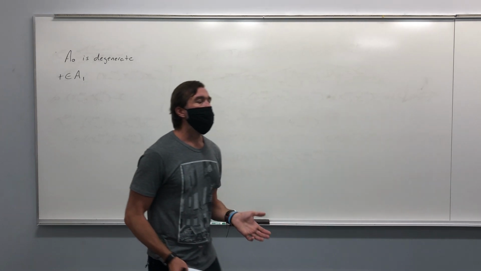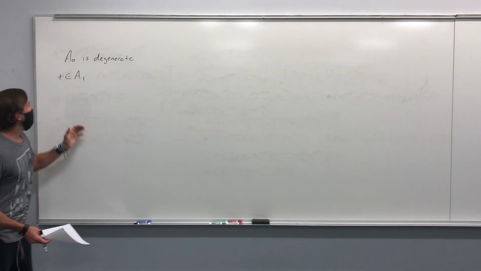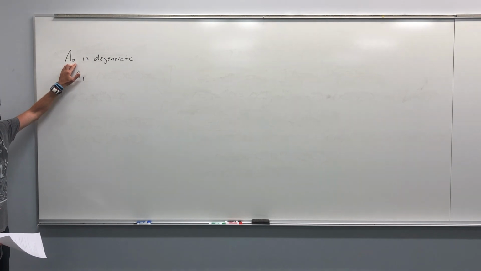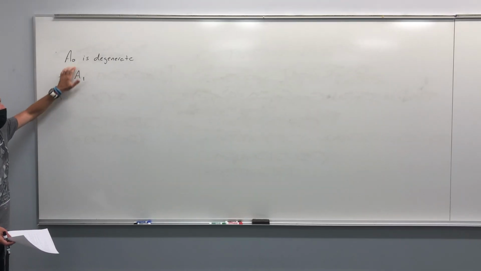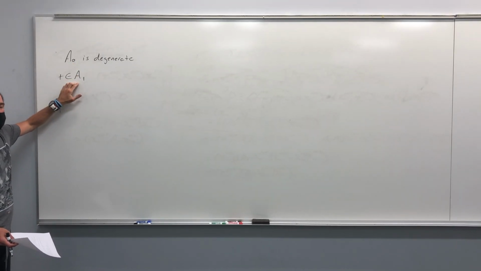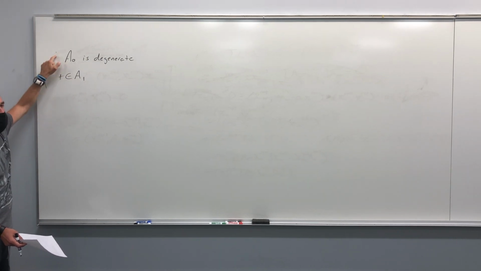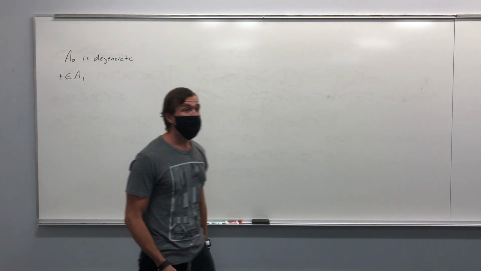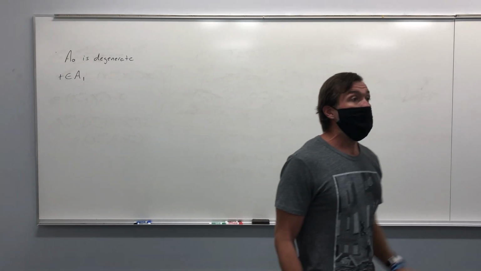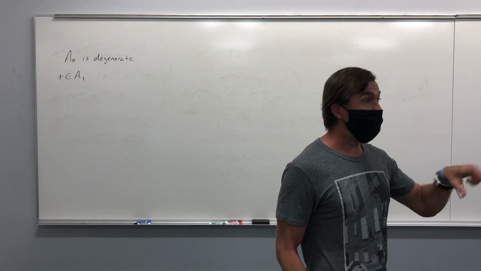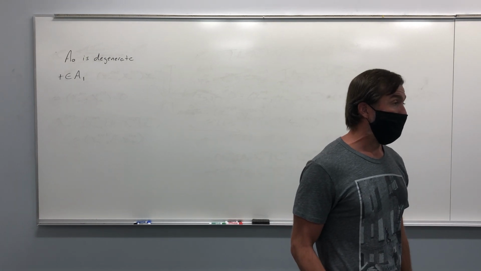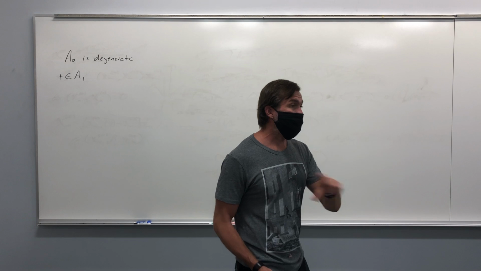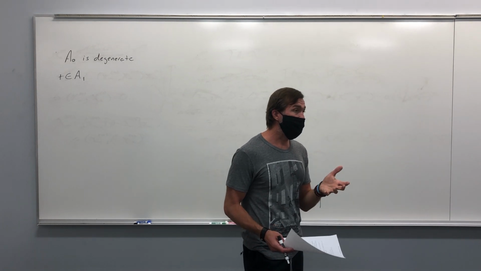What it means is, if I start with A naught, which has degenerate eigenvalues, and then I just add something, epsilon times another matrix, are you guaranteed that this new matrix, which is the sum of these, is also going to have degenerate eigenvalues? And the answer is generically no. There's a tiny chance it might, but generally no. If you want to write down a matrix that has degenerate eigenvalues, you have to be a little bit careful.